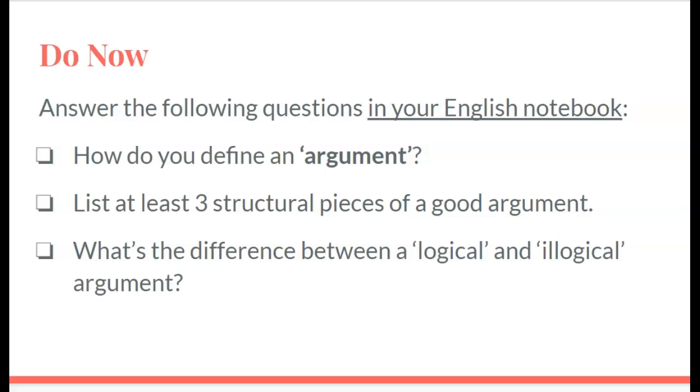So maybe it's just a rant where someone is just going off about an opinion that they have. Or maybe it doesn't flow in a way that makes sense. Or maybe they use weak or illogical evidence that doesn't really support their claim. So our goal with an argument is that we have a logical argument that makes sense to the audience that we're trying to appeal to.